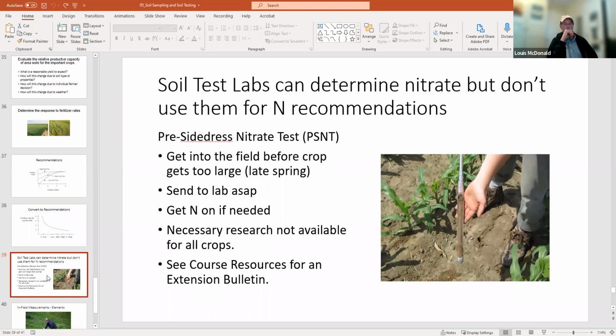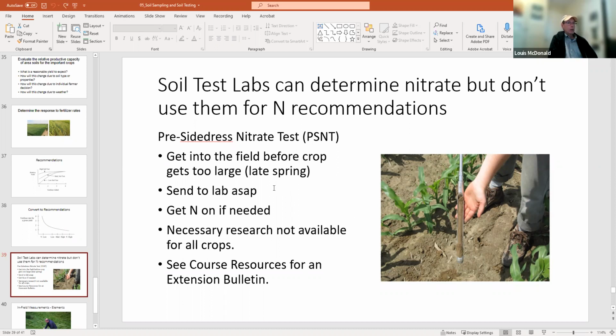The only reason they do determine nitrogen is for something called the pre-sidedress nitrogen test. And there's an extension bulletin in the course's resources section that you can read if you're interested in that. We don't have those for all crops. In fact, I'm only aware that we have it for corn.